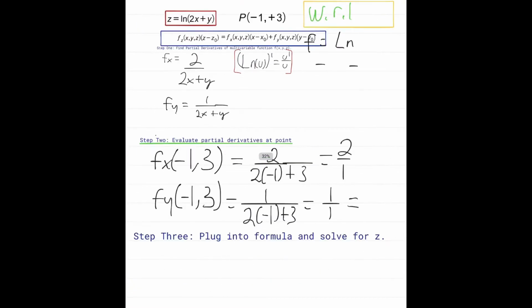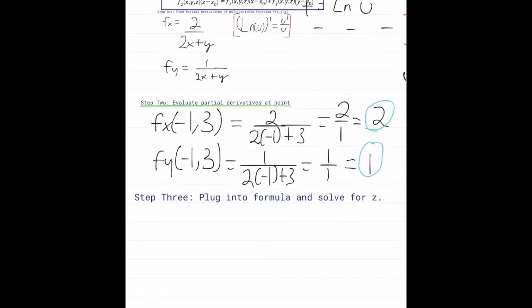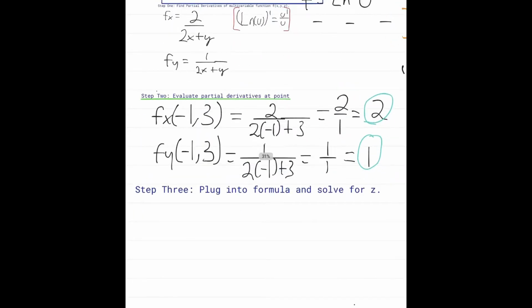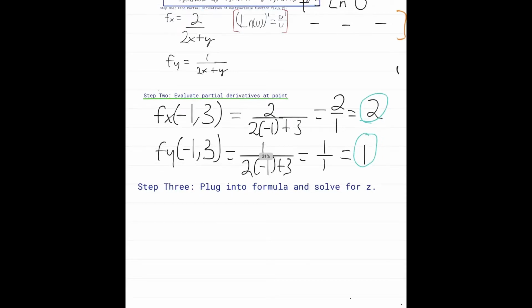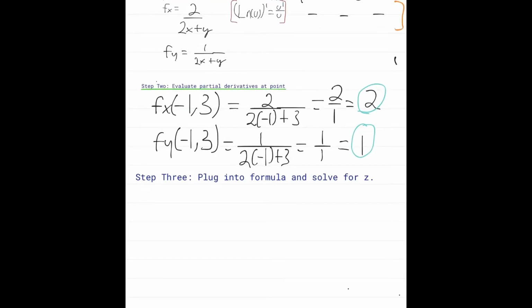And for this particular function, it was only two-dimensional. We only had 2 variables, which were just x and y. So for this case, we're going to solve for z. And you could also be given a point z, and you would just apply z minus z naught. And you would have to take the partial derivative with respect to z. And that's if you're given 3 variables. But in this case, we're given 2. So to find the tangent plane and linear approximation, we plug into the formula and we solve for z.